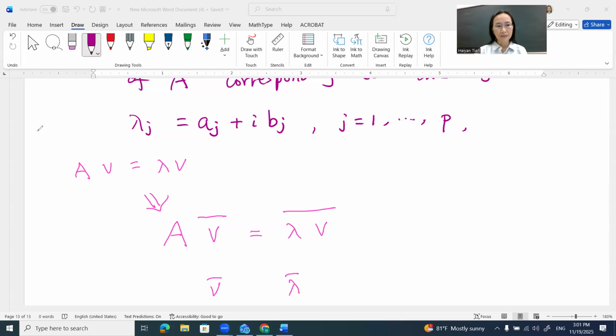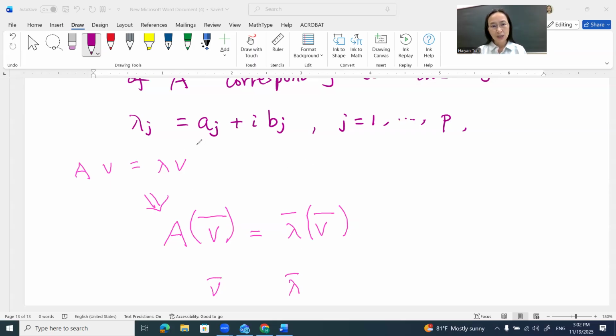This one is simply the same as lambda bar V bar. So you can see that V bar is also an eigenvector of A. Its corresponding eigenvalue is lambda bar.